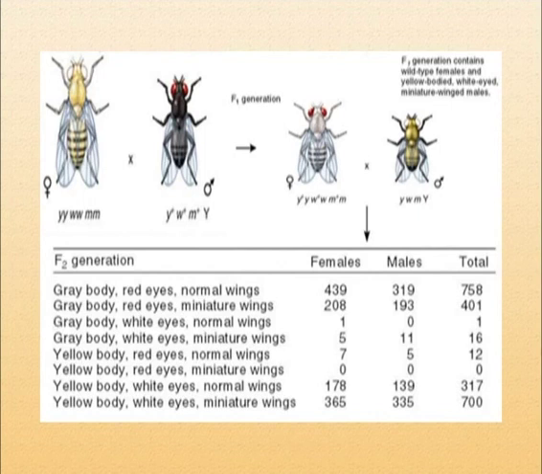In the F1 generation, all males were yellow body, white eyed, miniature wings, and all females were wild type with gray body, red eyes, and normal wings. An intercross between F1 males and females gave the F2 progeny in which the majority of the males and females were parental types. However, a significant number of recombinants were also observed by Morgan.